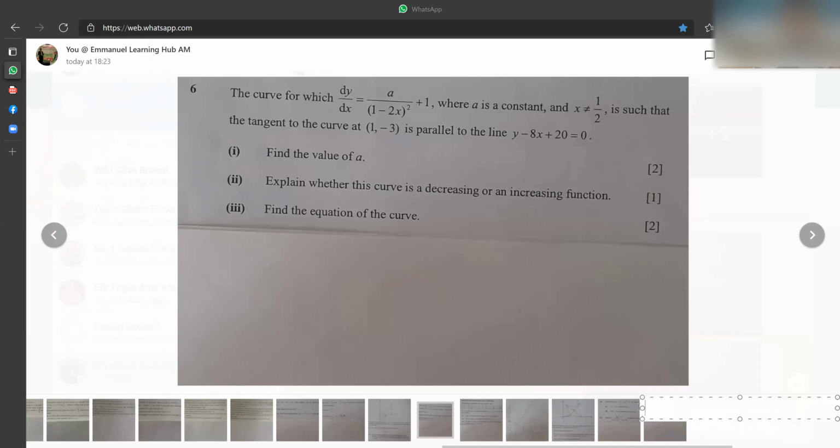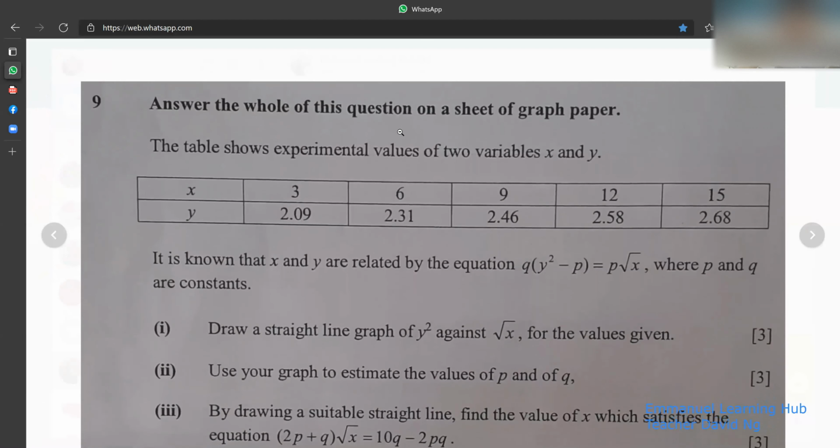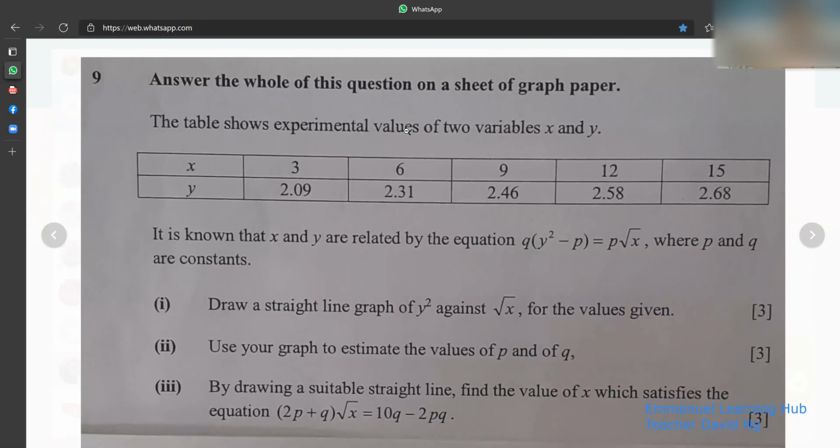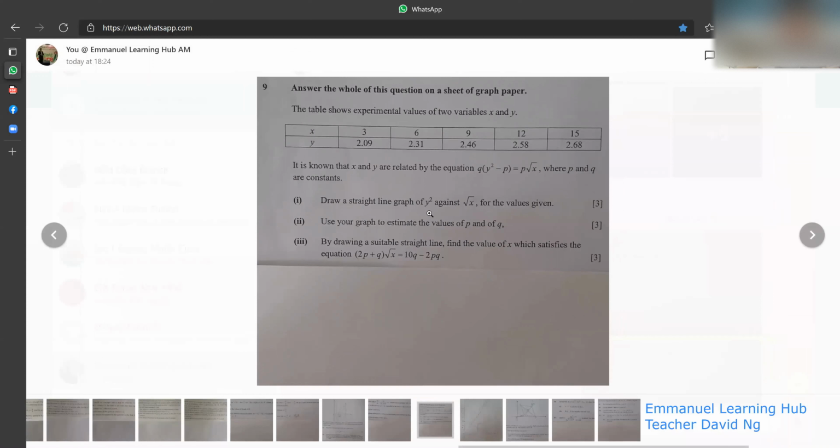Then we move on to question 9. Answer the whole of this question on a sheet of graph paper. Part 2 and part 3, so you draw the graph.